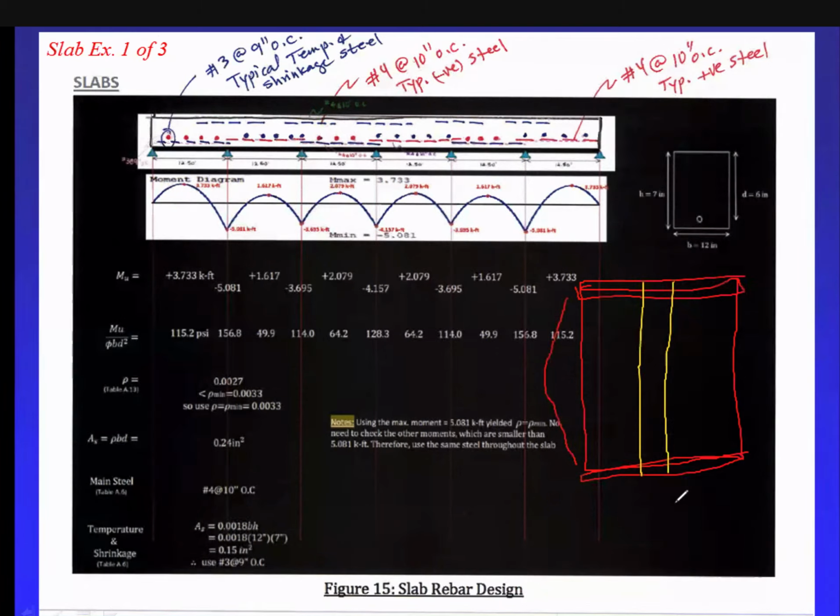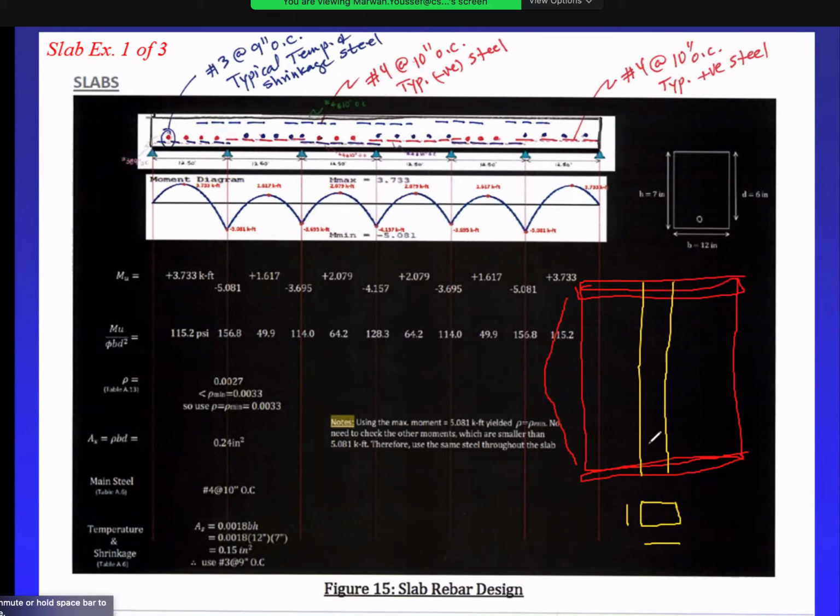So if you think about this, if I look at this strip here, so there's my beam. This is 12 inches. This is the thickness, and this is the width, 12 inches, and that's what my beam is. So I'm designing a beam per se, 12 inches wide, 7 inches thick, and I'm gonna find the rebars in that beam.